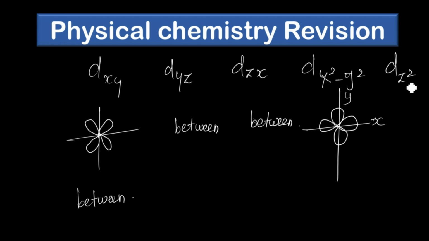For dz square, the shape is a bit interesting. In the z-axis I'm having the cloud, and there is an electron cloud around the middle as well. That is our dz square orbital. Some questions are asked on which is along the axis and which is between the axes, that type of questions.